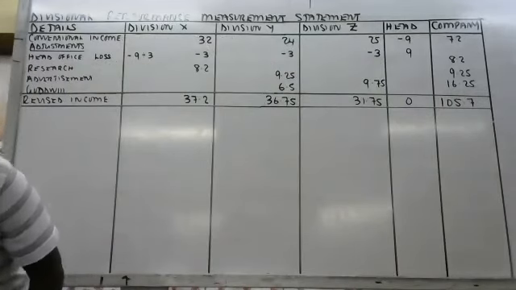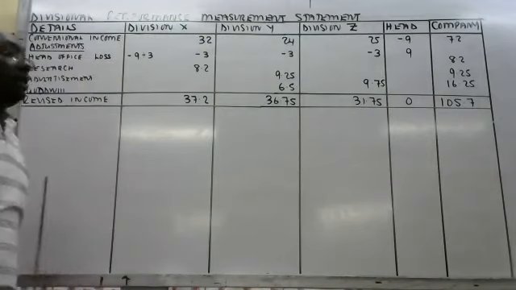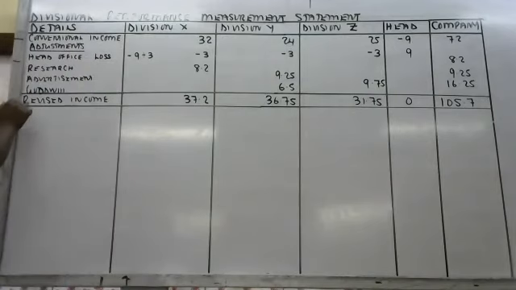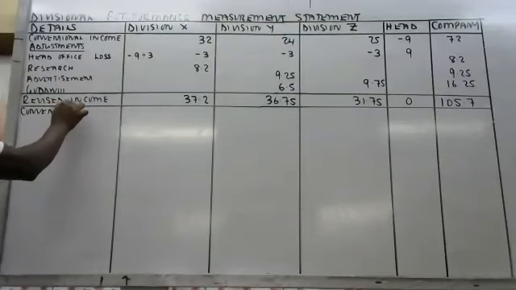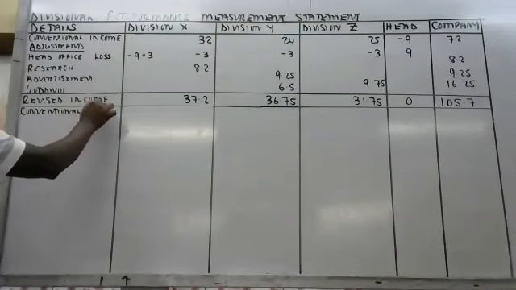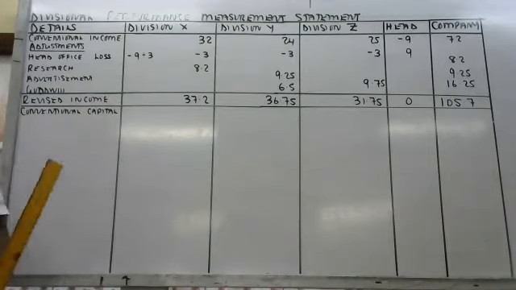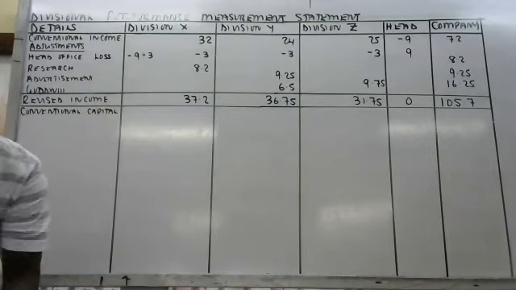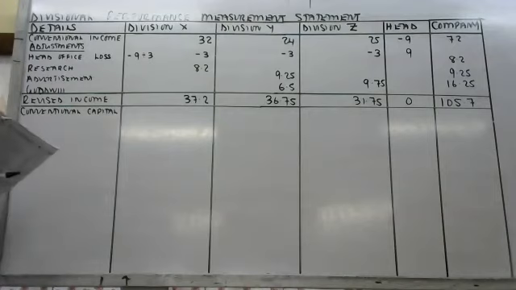If they are, we now quickly bring the conventional capital. Conventional capital is the figure that is given as total assets less current liabilities.